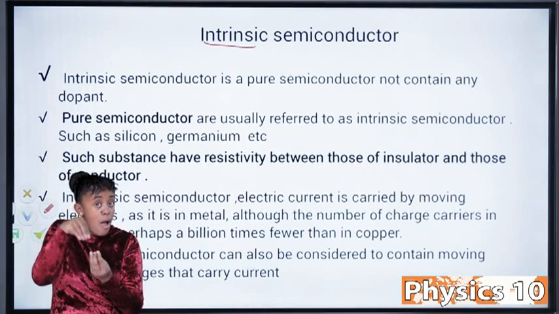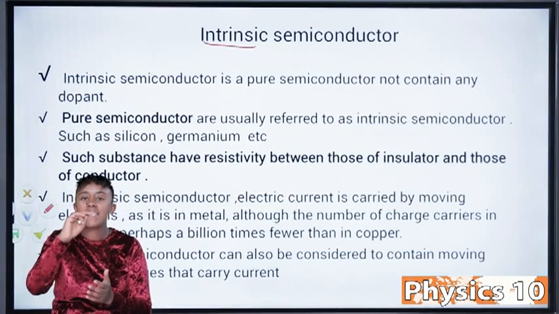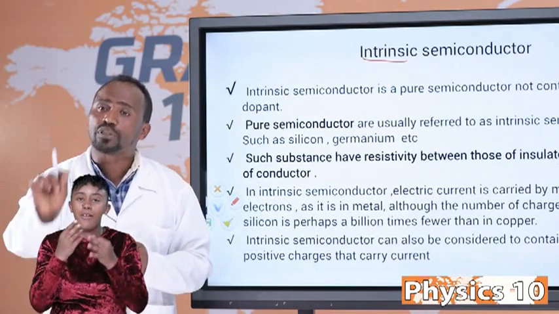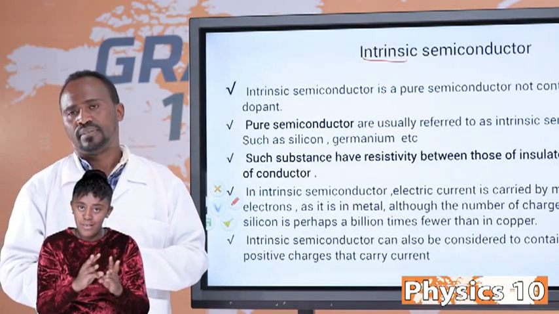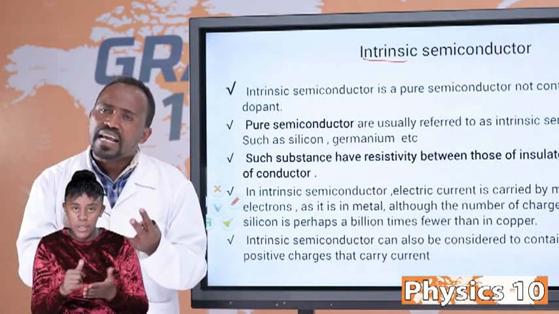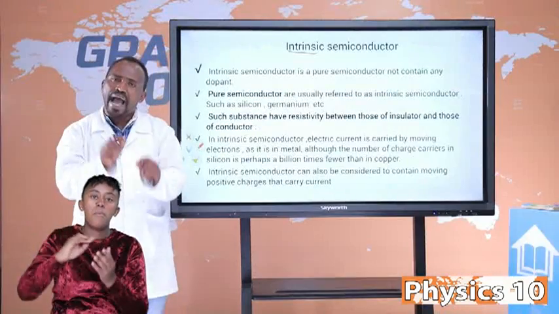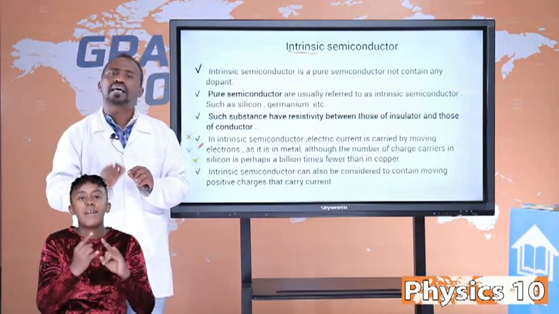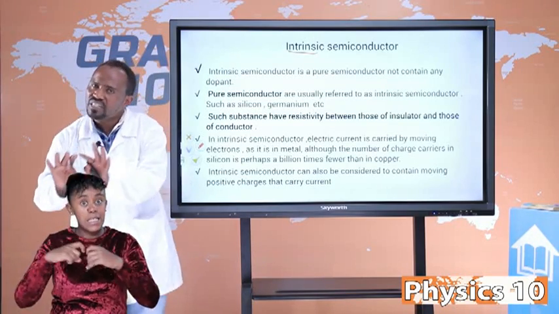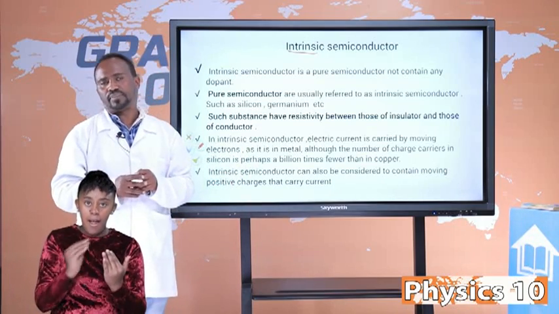If we add impurity to this semiconductor, it becomes an extrinsic semiconductor. A semiconductor becomes a good conductor of electricity in 2 ways: one, by adding impurity; the second, by raising its temperature. Without these 2 mechanisms, a semiconductor is intermediate between an insulator and a conductor.